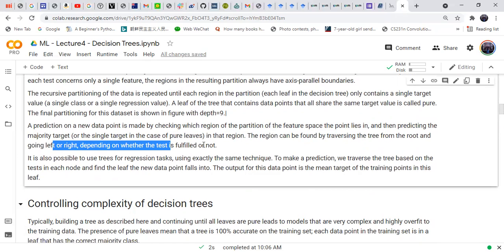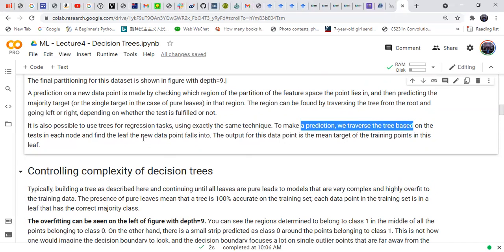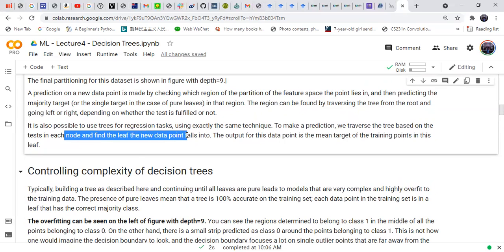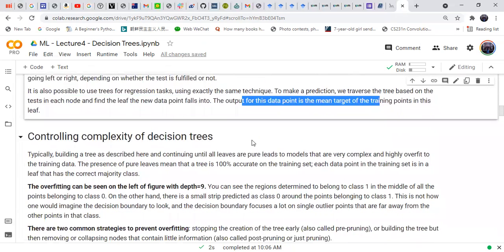It is also possible to use trees for regression tasks. Using exactly the same technique, we traverse the tree based on the test in each node and find the leaf the new data point falls into. The output for this data point is the mean target of the training points in this leaf.